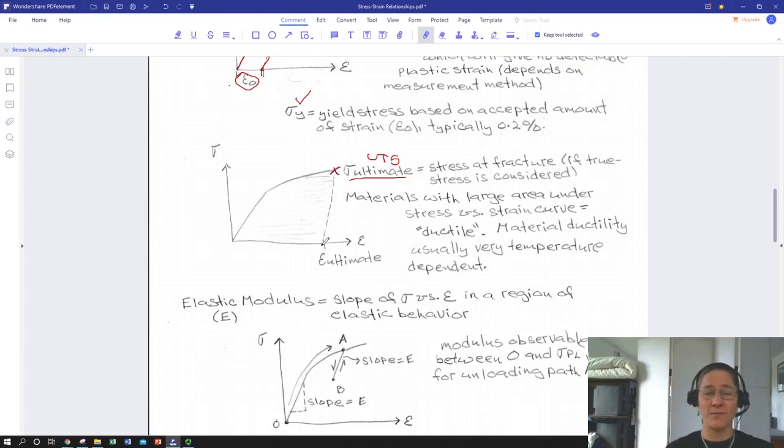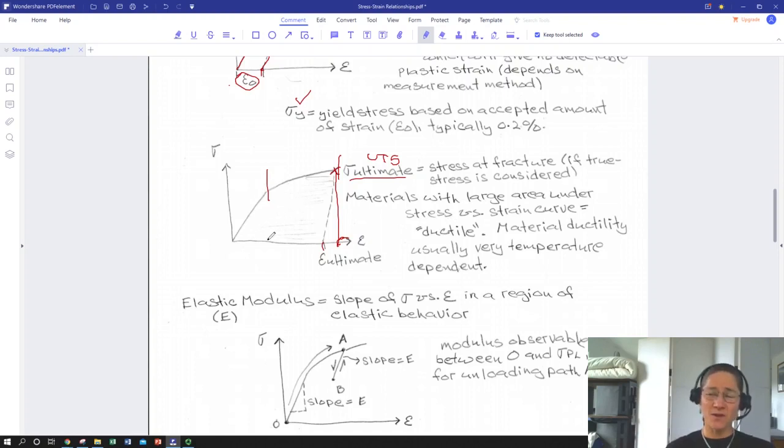So if you measured the broken sample and went to see what length it was, you wouldn't measure effectively that strain. You'd measure this one. But if we've had a long plasticity regime, then this difference is negligible. So typically, the strain at failure will be measured right off the stress strain curve. Strain at failure is also known as ductility, if you see that in a handbook.